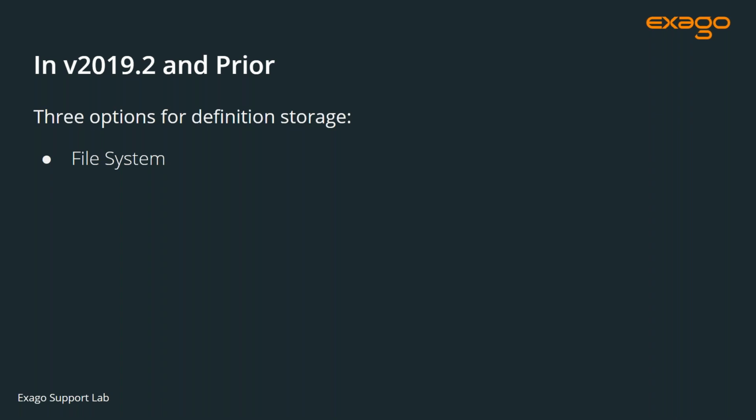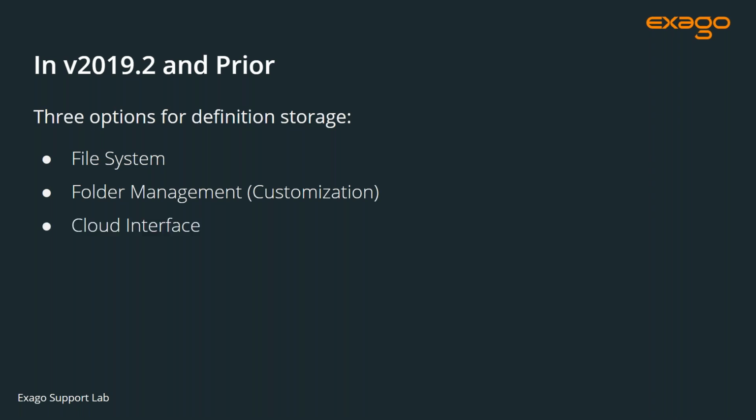And that was great. We also offered the folder management feature, which many clients took advantage of, that allowed for customization. We have an example off of our support site that could be used basically plug and play to store the report definitions into a database. And we had a cloud interface.